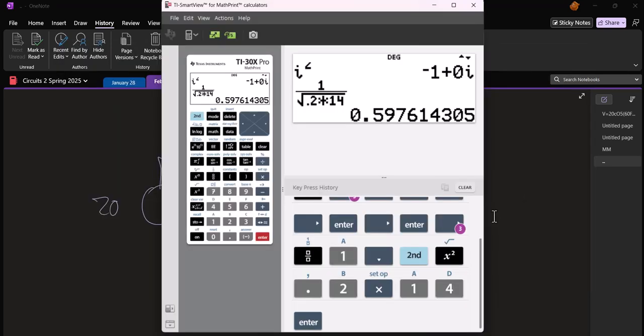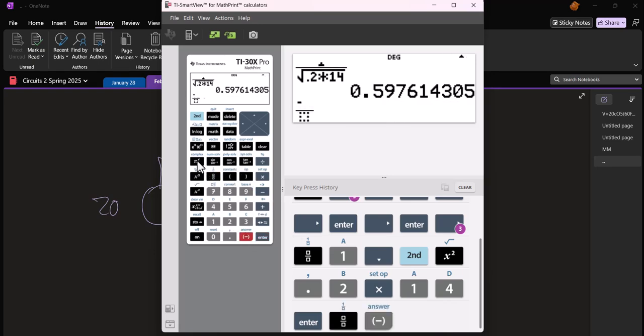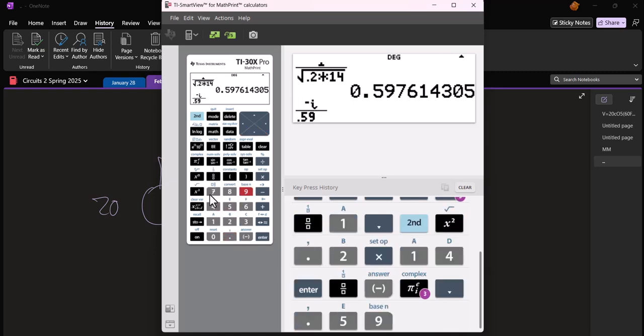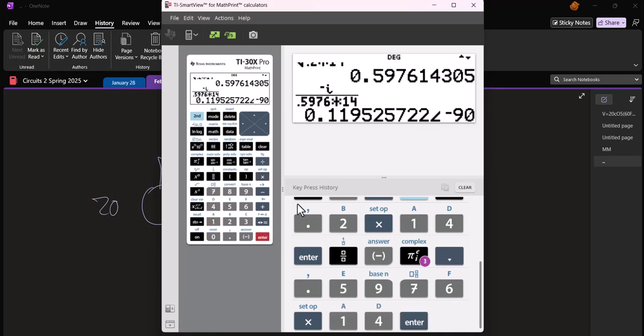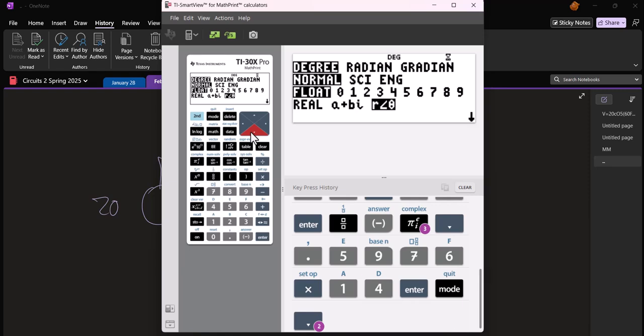So if I take minus J over 0.5976 times, what was the capacitance? 14. I apparently am in polar mode. I'm going to change this to rectangular mode.